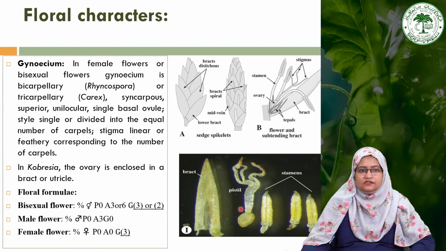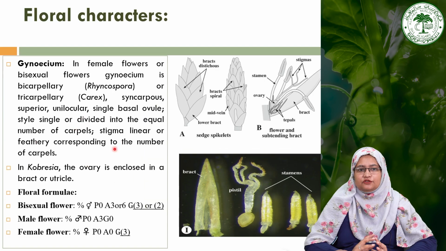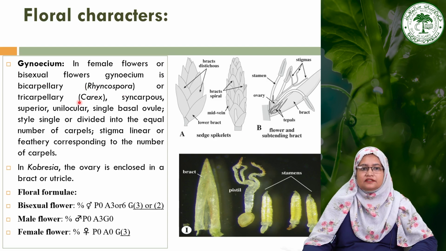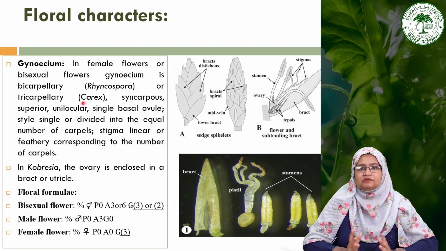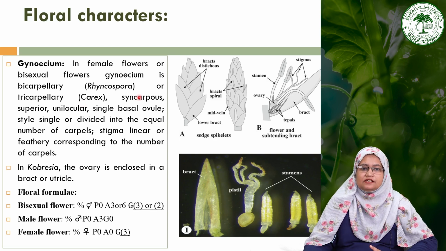Now moving towards the next floral character, that is gynoecium. Gynoecium is present either in the female flowers or in the bisexual flowers. It is generally bicarpellary, as in the case of Rhynchospora, or maybe tricarpellary, as in the case of Carex. The gynoecium may be bicarpellary or tricarpellary, but it is always syncarpous with a superior ovary and unilocular, with a single basal ovule, as we can see here.